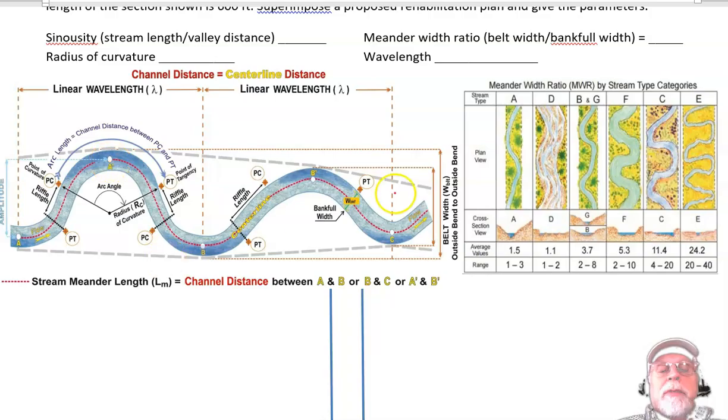So as this is going back and forth, what is the end of this sine wave to the end of this sine wave, side to side, and what's that compared to the bankfull width? So that's the belt width. We can also come up with the arc length along there, the arc angle. And so anyway, we were talking about the meander width. This says for a C about 4 to 20, typical value or average value is about 11.